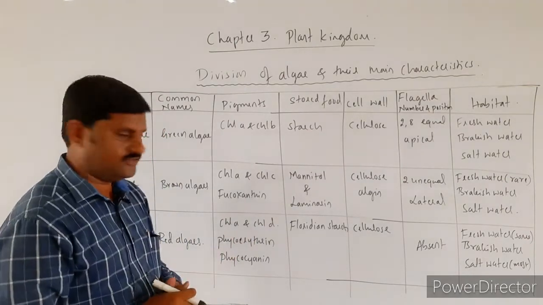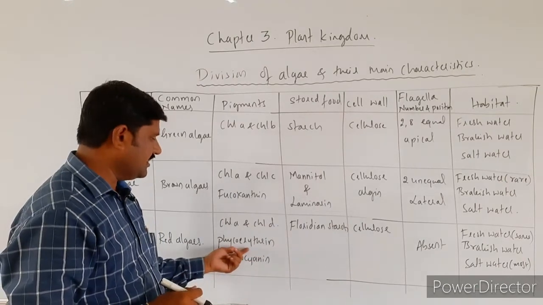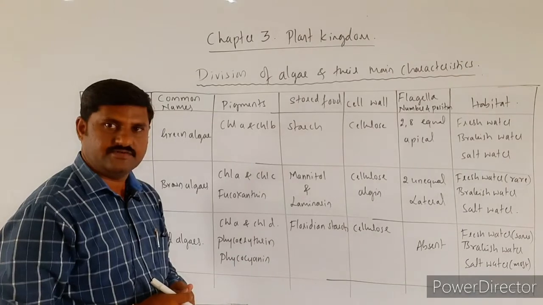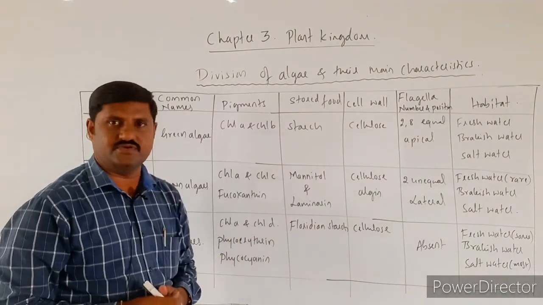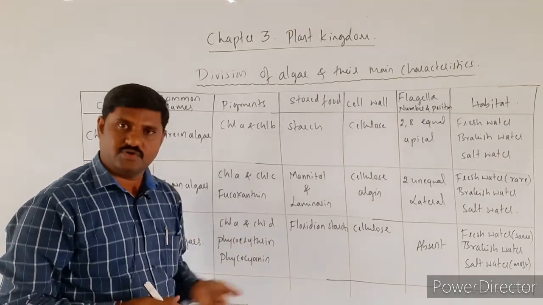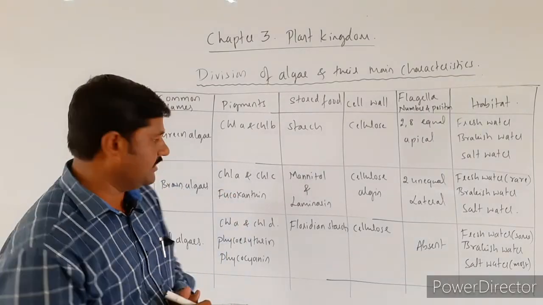In red algae, chlorophyll a and chlorophyll d are there, along with proteins like phycoerythrin, which is responsible for red coloration, and phycocyanin, which is responsible for blue coloration. Red coloration is more, hence the color of these algae is red.